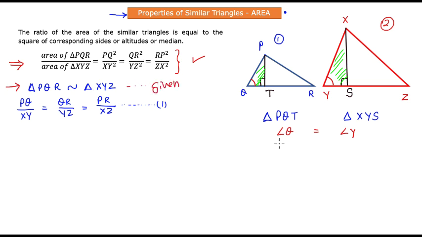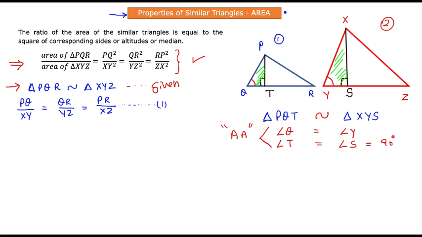And you could also state that the angle at vertex T is equal to the angle at vertex S because they are both 90 degrees each, right? Now with this, you have accomplished the AA criterion between these two triangles. That means you have proved that two corresponding angles between the two triangles are equal, and hence these two triangles are also similar, right?